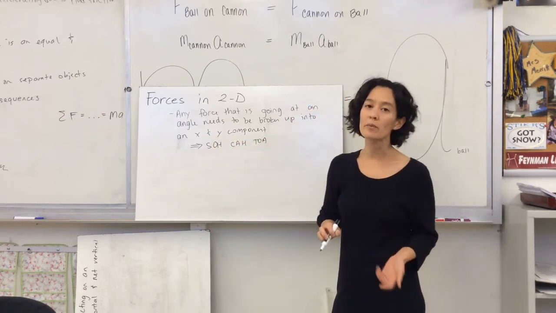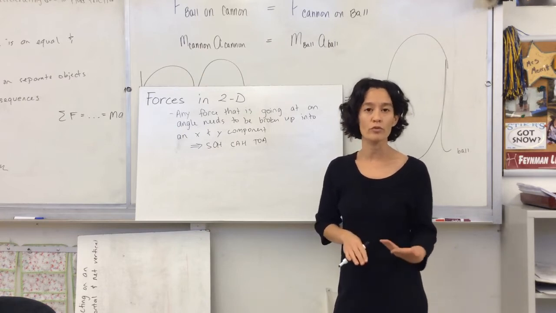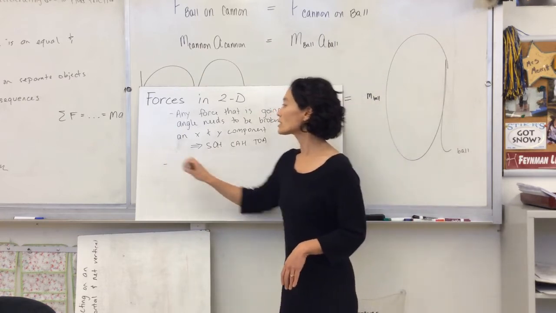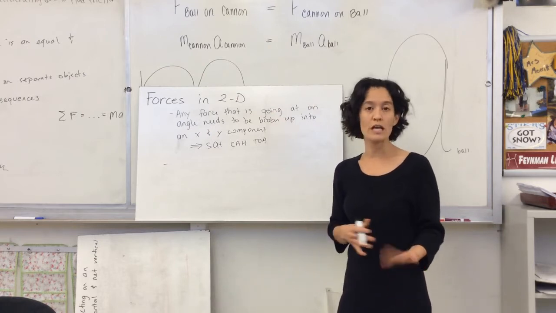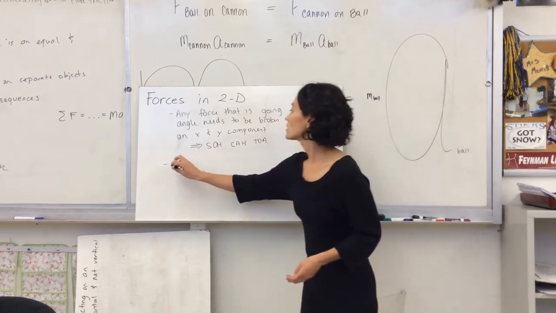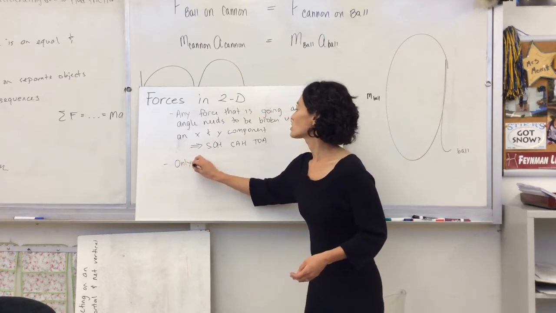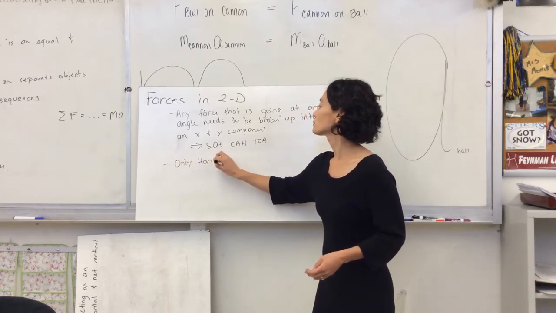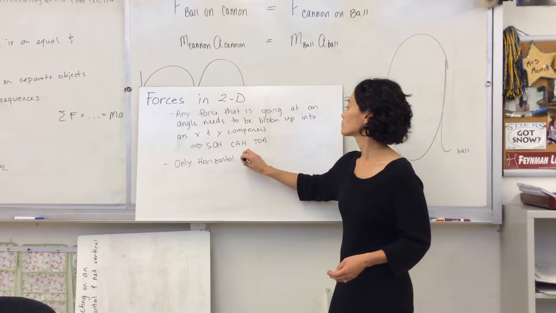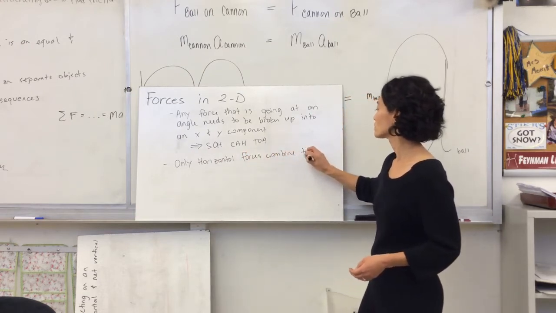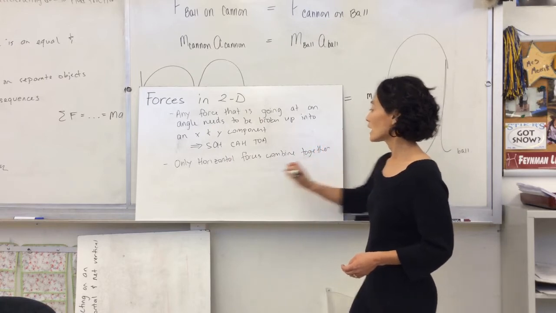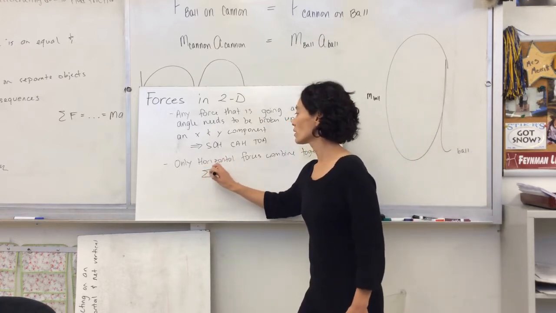Just like we would break up a displacement vector into x and y, now we're going to do it with forces. And we are still going to stick with the fact that we are going to combine horizontal forces with horizontal forces and vertical forces with vertical forces. So only horizontal forces combine together, and we saw that before.